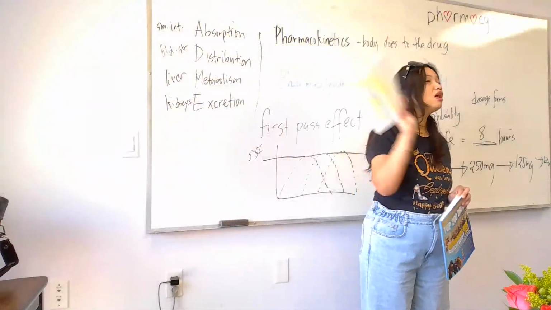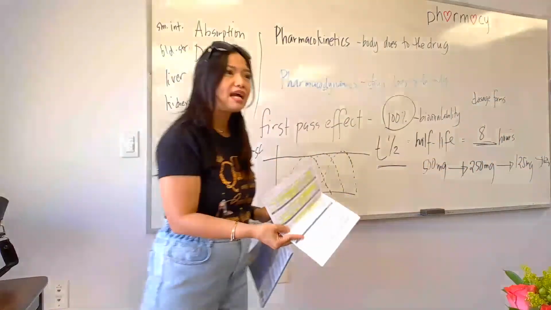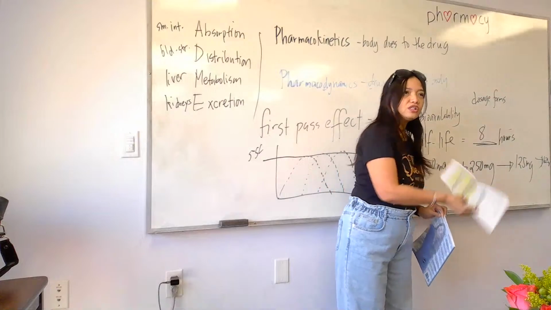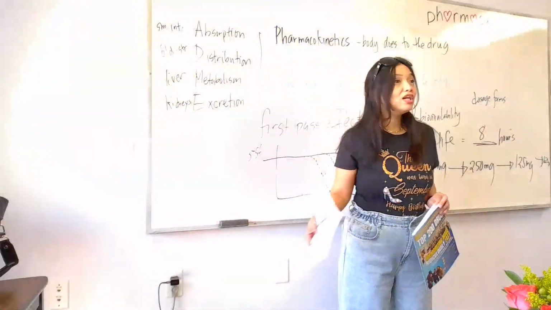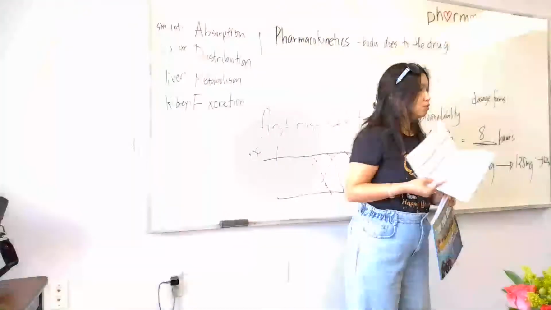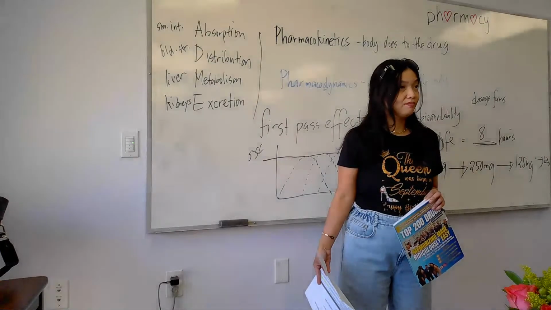They want you to know that grapefruit and grapefruit juice should not be given with statins. They want you to know that St. John's wort should not be given with SSRIs. They want you to know that vitamin K should not be given with warfarin or Coumadin or other blood thinners.